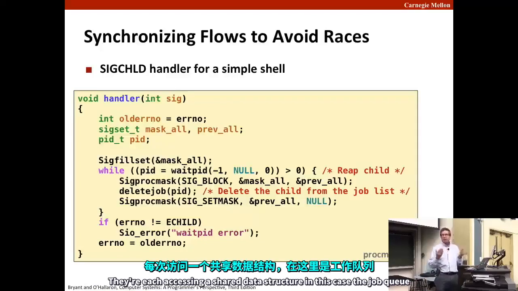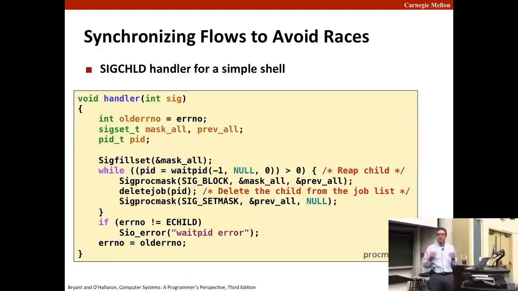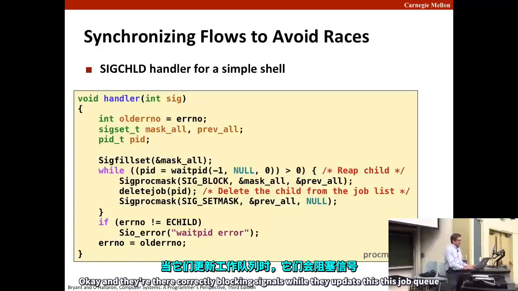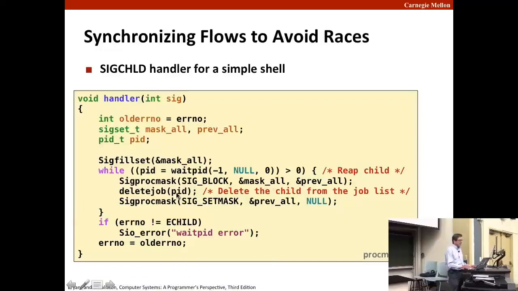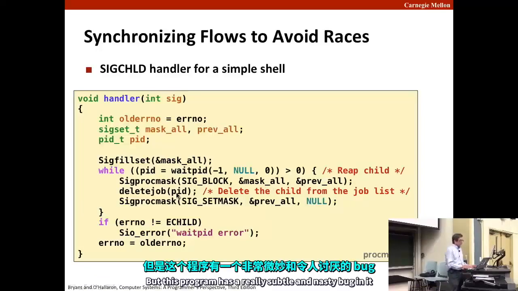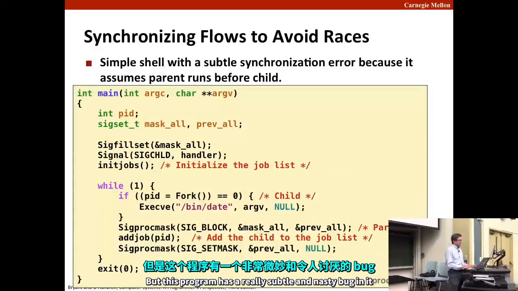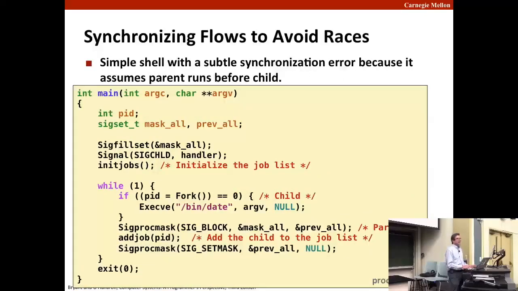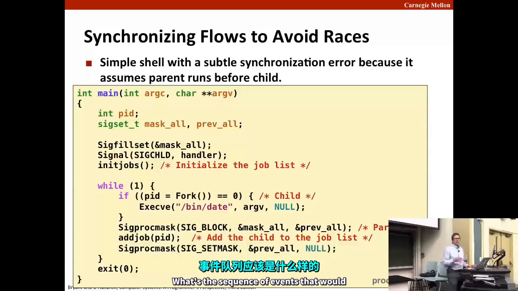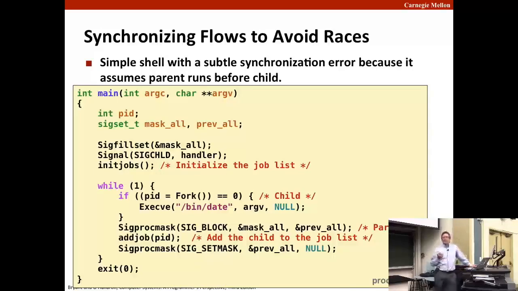They're each accessing a shared data structure, in this case, the job queue, and they're correctly blocking signals while they update it. But this program has a really subtle and nasty bug in it. Can you see what it is? What's the sequence of events that would cause this program to fail?